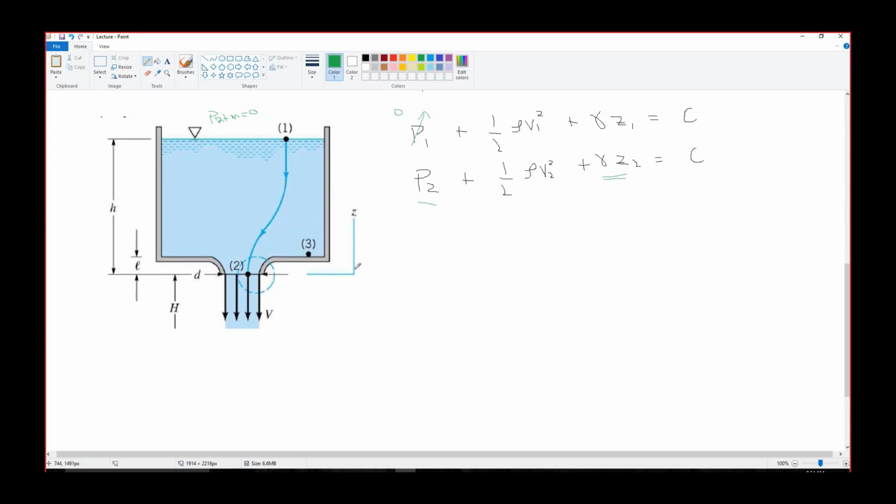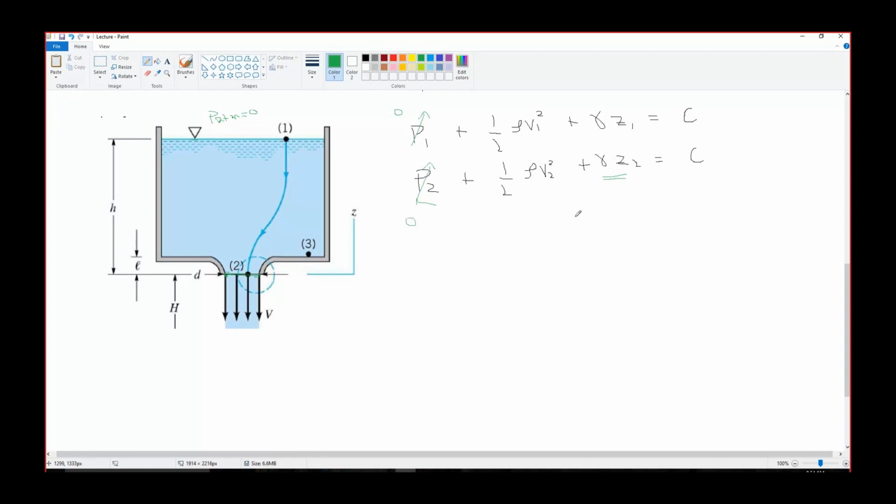It is also 0. Yes, because the opening is into the atmosphere again, right? Let's assume at this point the fluid is interacting with the atmosphere. So along this horizontal line the pressure should be the same, 0. So this P2 would be 0.